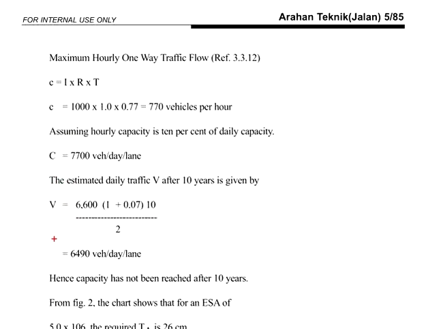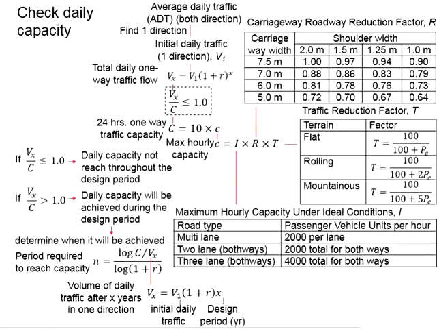When the estimated daily traffic is less than the traffic capacity, that means the capacity has not been reached after 10 years of the design period. The worked example did not demonstrate how to use these equations. So if you really do use these equations, kindly be careful. Confirm the actual structure of the equation first before you use it.